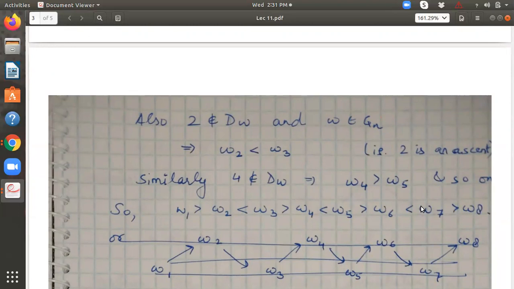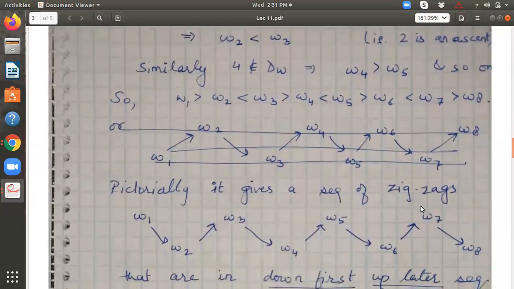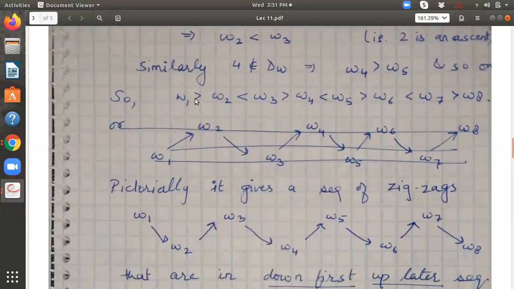So if I want to write it in a pictorial way, I would put w1 on a higher level and then w2 on a lower level. So w1, you come down to w2 because w2 is smaller, and then w3 is again higher, then w4 is smaller, then w5 is higher, then w6 is smaller, w7 higher, w8 smaller.